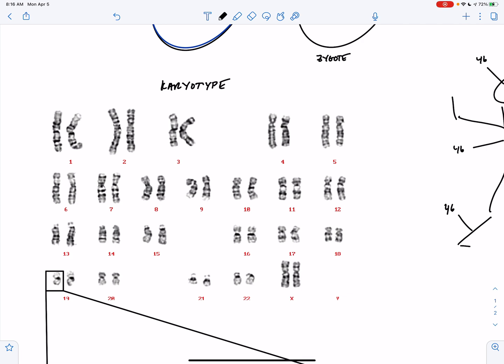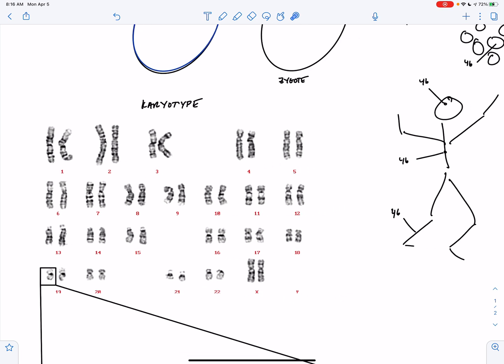A karyotype is an analysis of the chromosomes within a cell. And so a karyotype, no matter what cell you take it from, is going to look the same, in that you're going to have the same 46 chromosomes.